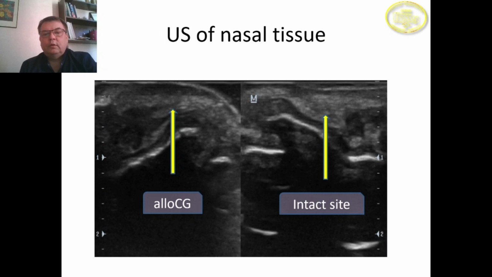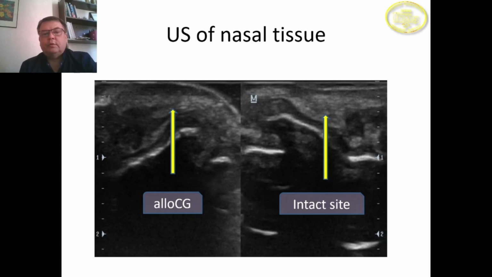The ultrasound scan is presented on this slide, and it presents comparison of allogeneic cartilage, row left, and intact side cartilage, row right. Both cartilages present the same size, same thickness, and same echoicity.